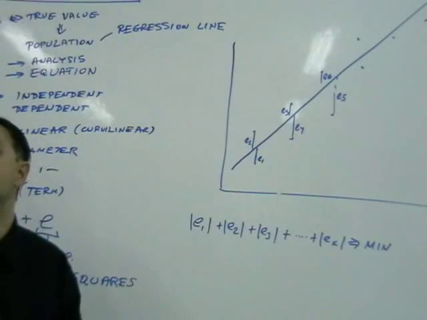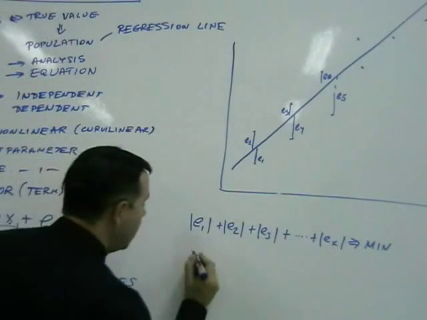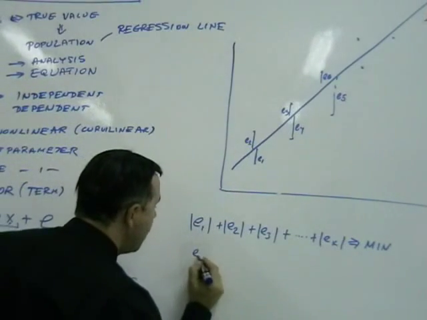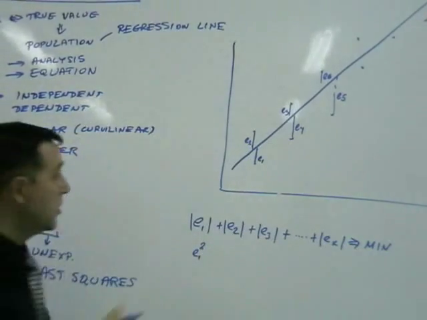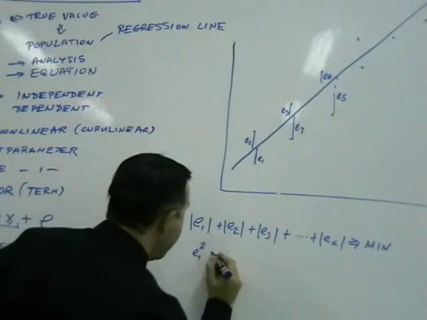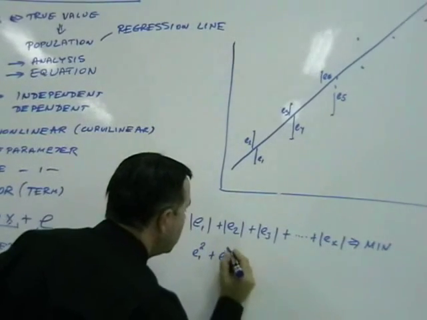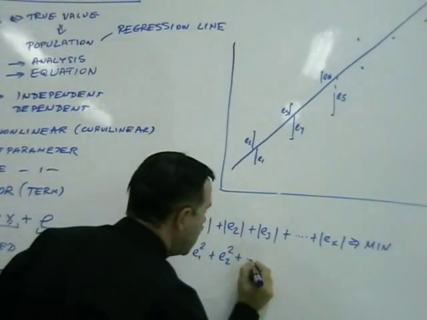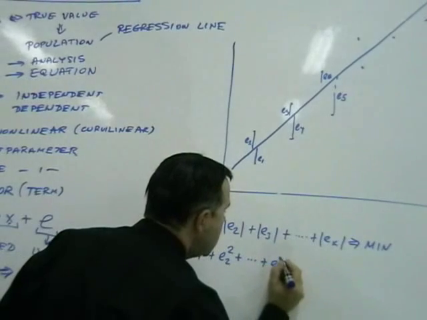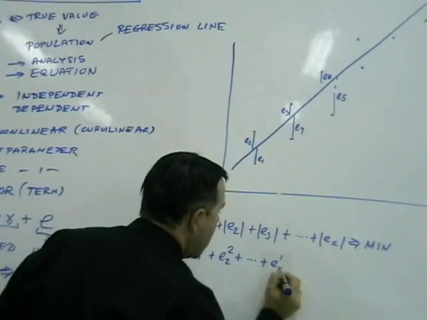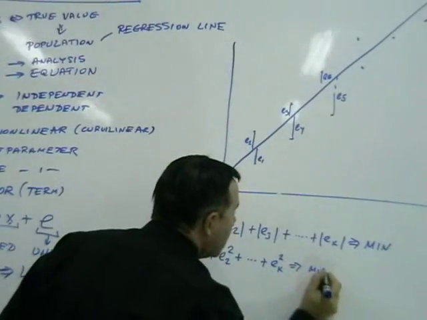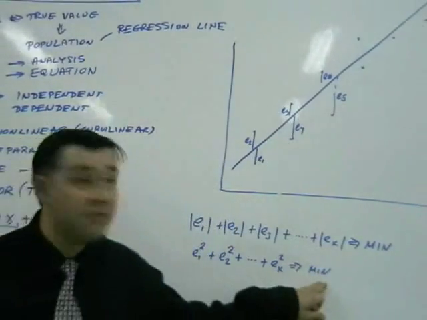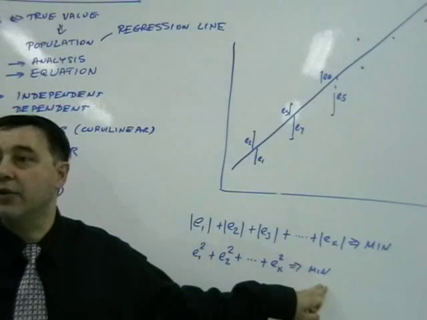Instead, we want to minimize a different value. And this is E1 squared, that's the first term, but squared. Then E2 squared plus dot dot dot plus EK squared. And we may want to take the minimum of this value.